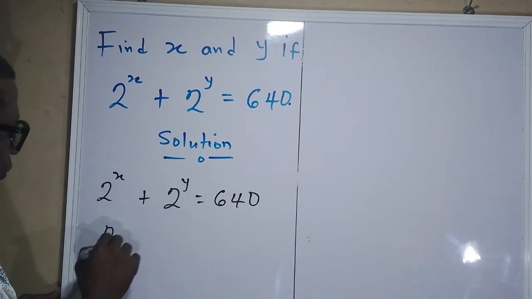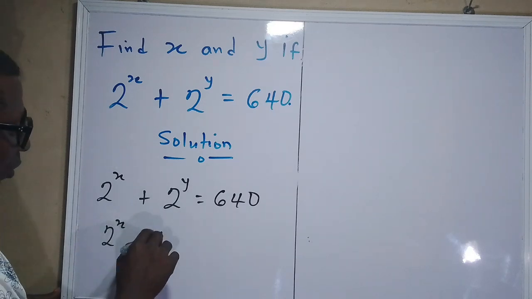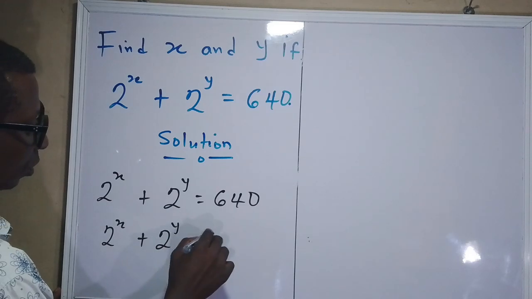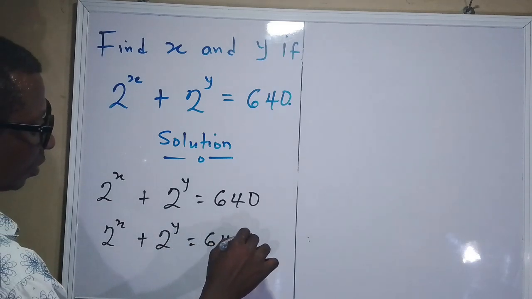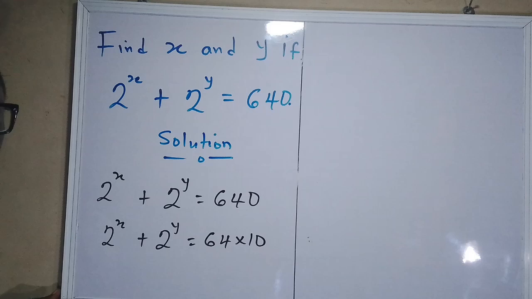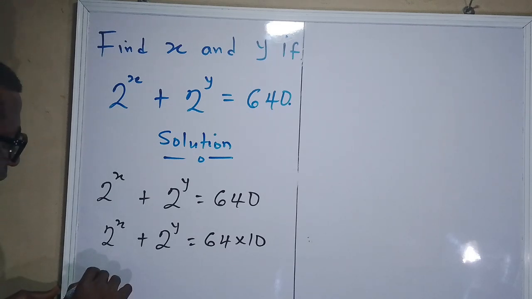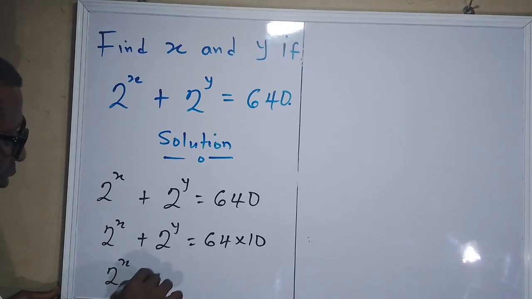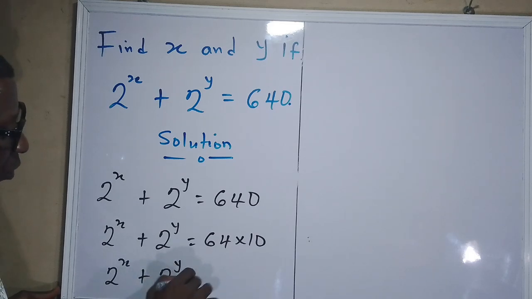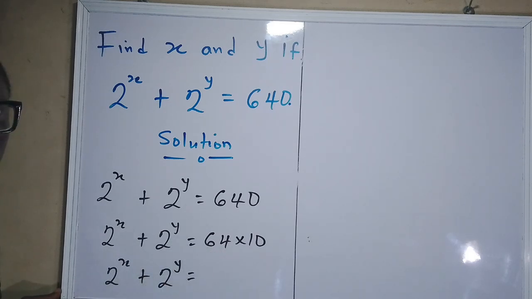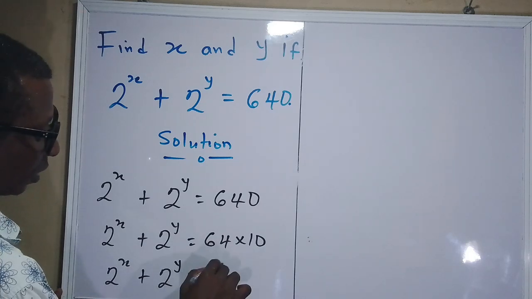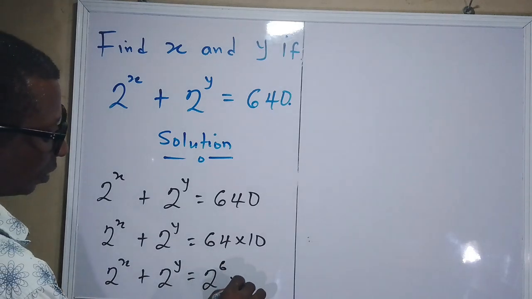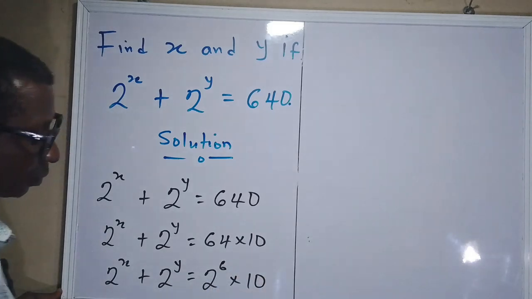So we have 2 raised to the power of x plus 2 raised to the power of y equals 64 times 10. Okay, so we have 2^x + 2^y equals 64, which is a multiple of 2. So that is 2 raised to the power of 6 times 10.